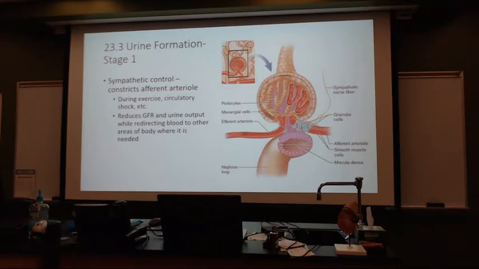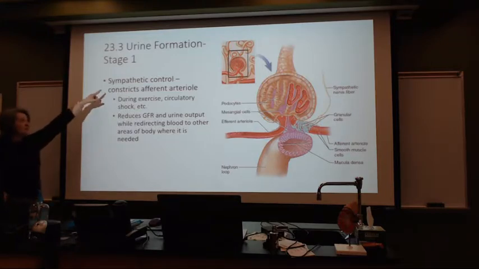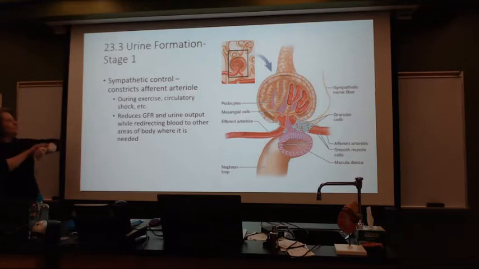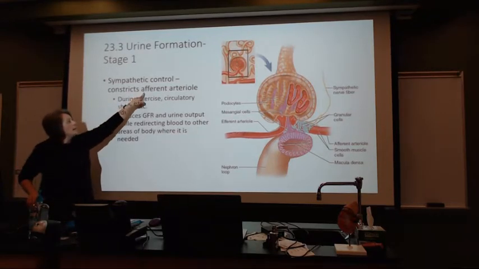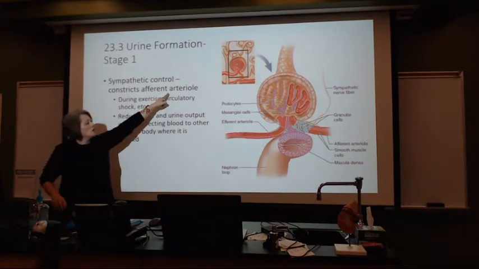But if you remember, we're also going to have the involvement of our autonomic nervous system. That means the sympathetic division. Okay? So, with this division of the autonomic nervous system, under sympathetic control, it is going to constrict my afferent arteriole.